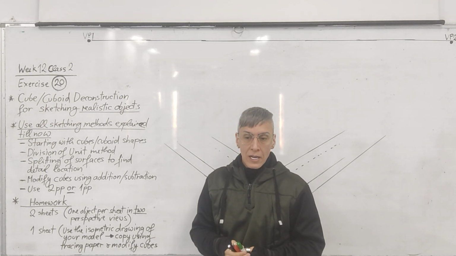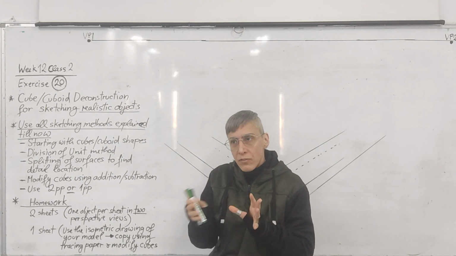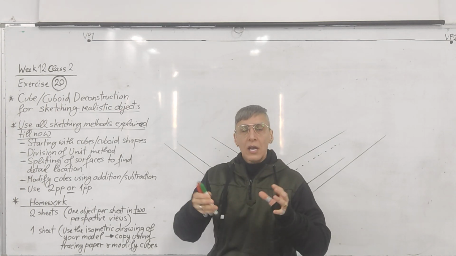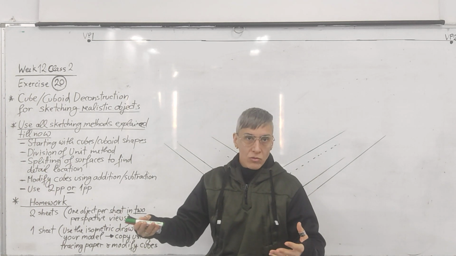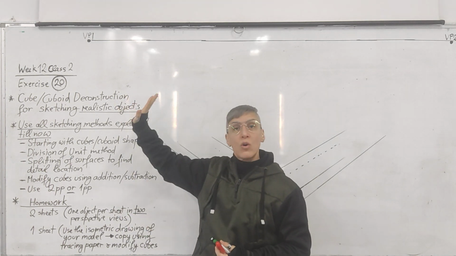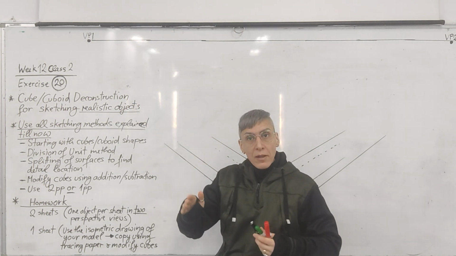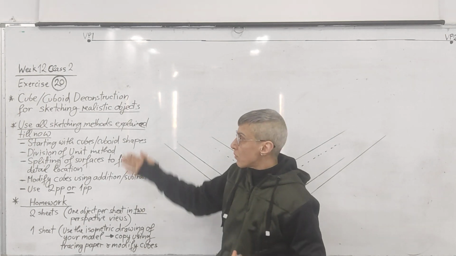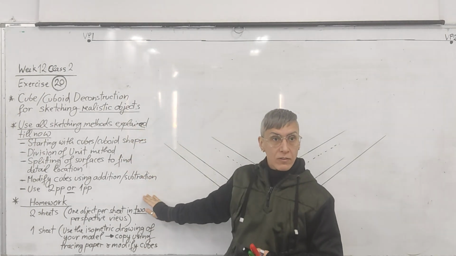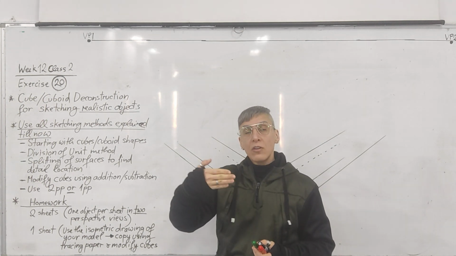So, the entire semester we've been dealing with simple objects, I would say, and we didn't advance too much. Now, in this exercise, all the drawings, you always start with cubes, cuboids. This is a must. But we will go a step further. So we will apply the methods that we studied until now to draw a step further to realism.